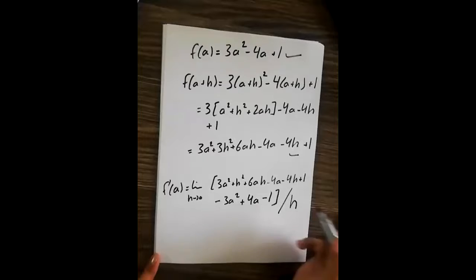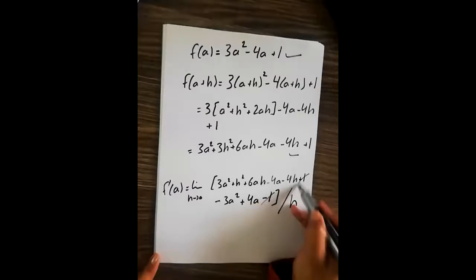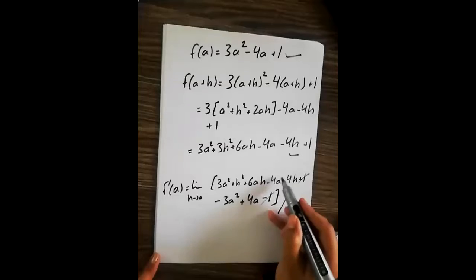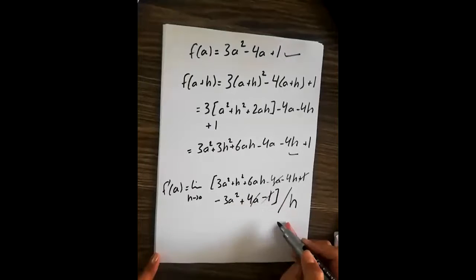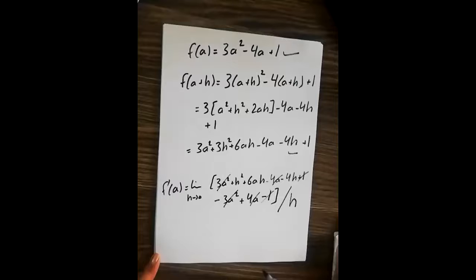Now we can cancel some quantities: minus 1 with plus 1, minus 4a with plus 4a, 3a square with minus 3a square.